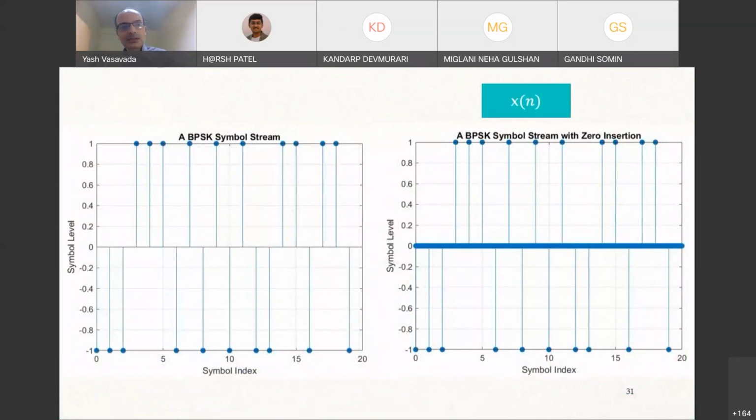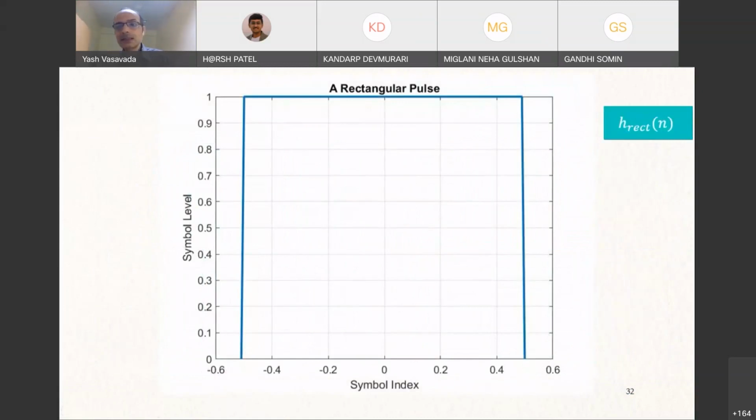So this is the original BPSK stream. Before passing it through the linear shift invariant system with impulse response h of n, I have to insert zeros between consecutive samples. So this is the zero inserted stream. And this is my one type of impulse response, which can be just a rectangular pulse.